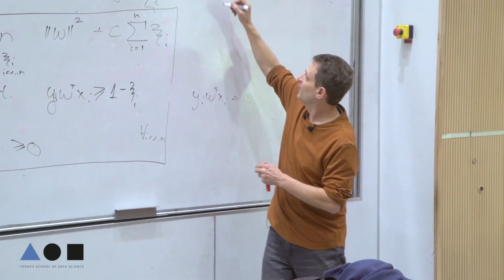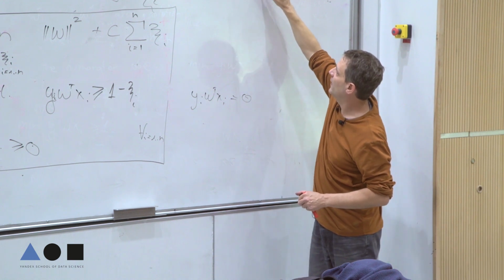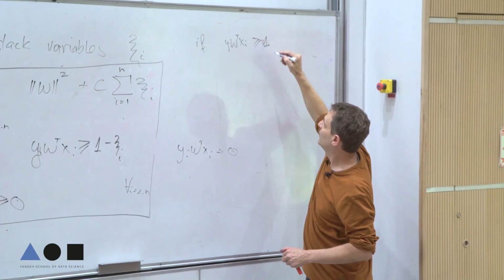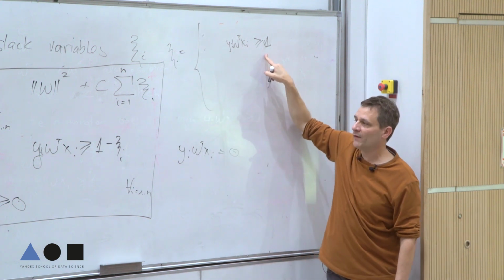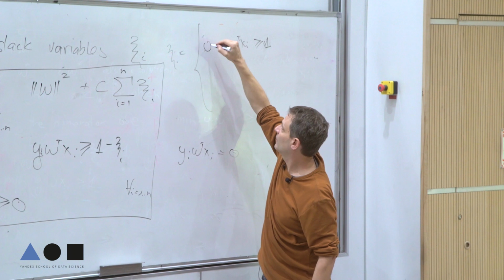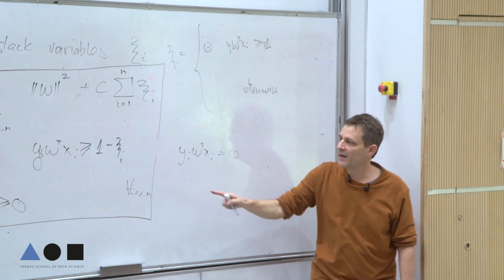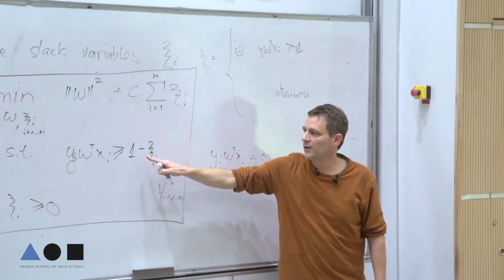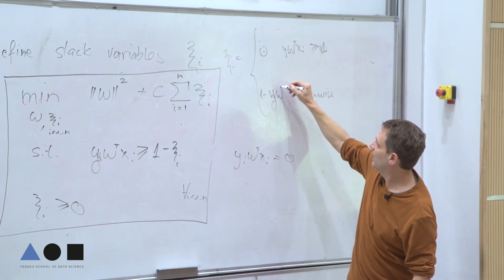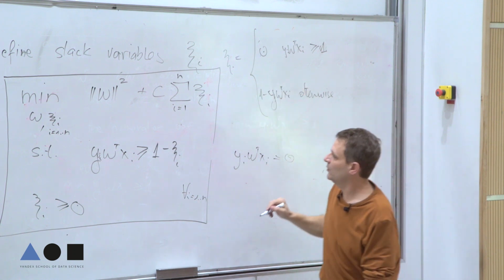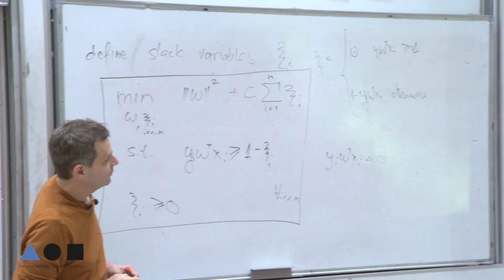So look, if y w transpose x_i is larger than 1, then what should psi i be? 0, right. Otherwise, what should you make psi i? So this is going to be 1 minus y w transpose x_i. Is that true? Let's see if we put that here. Yeah, that's what you get.